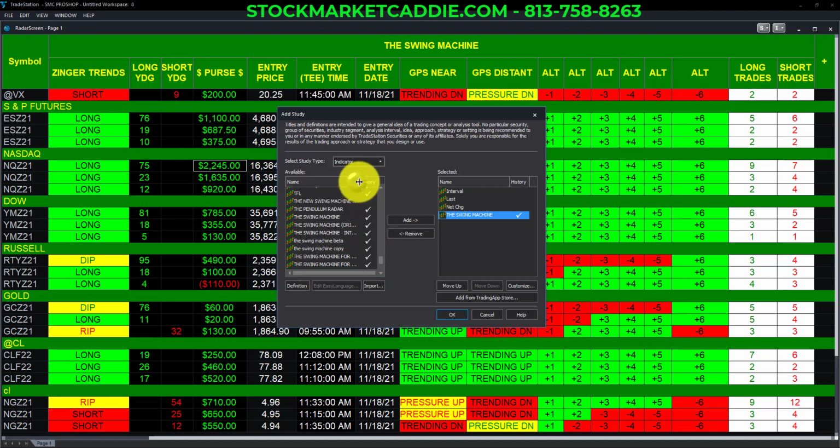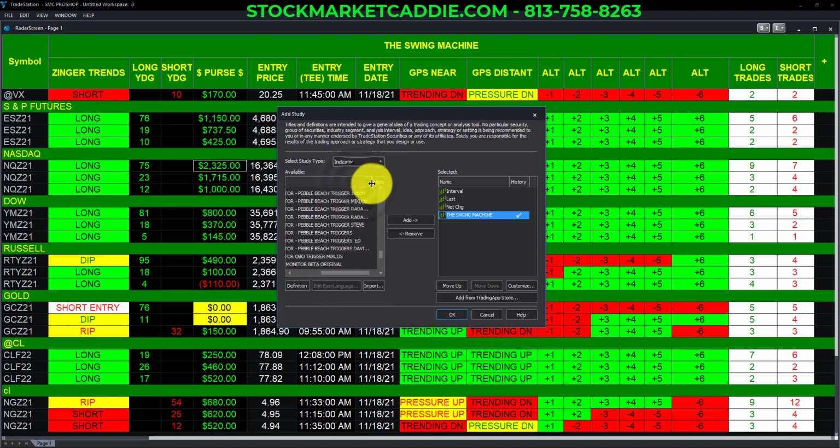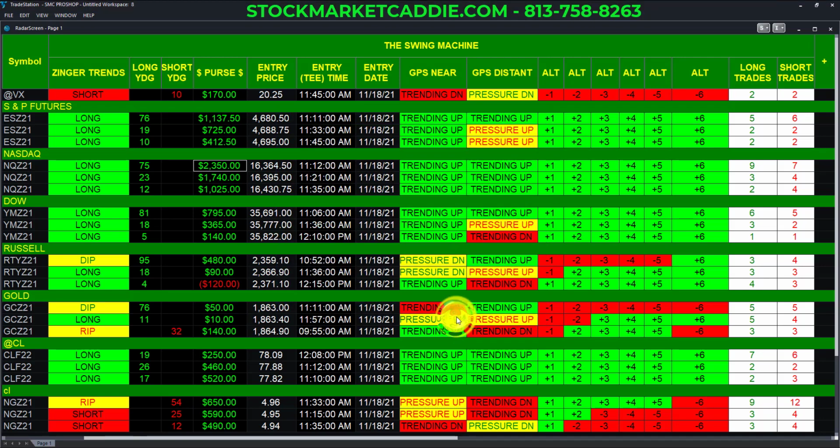We want SMC Trade Generator Pebble Beach. Anybody who doesn't have this, or is confused in any way, let me know. I can see this. This one here, this is my copy. I'm going to add this, and I'm going to hit OK.